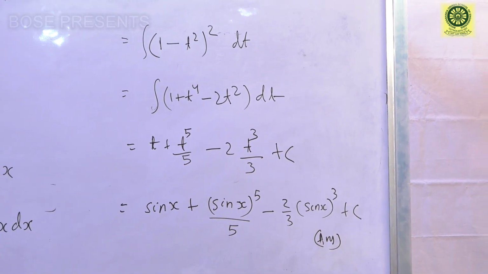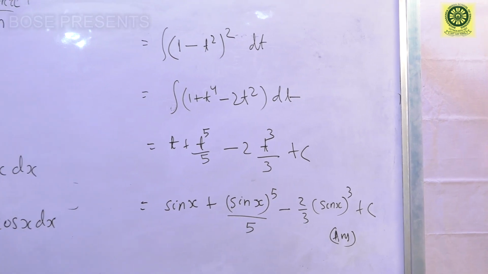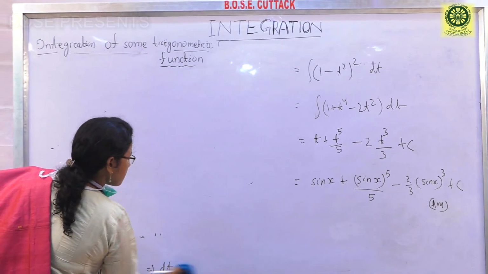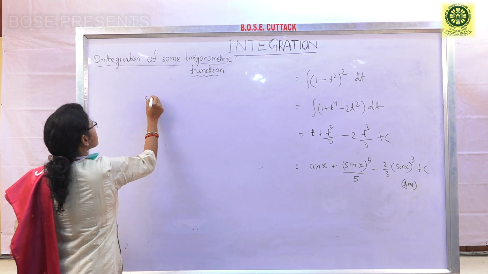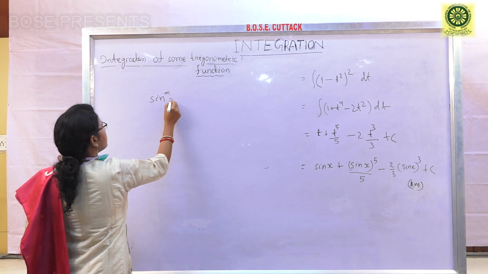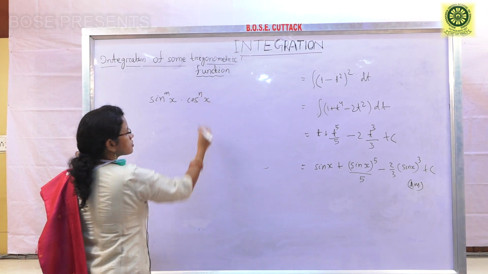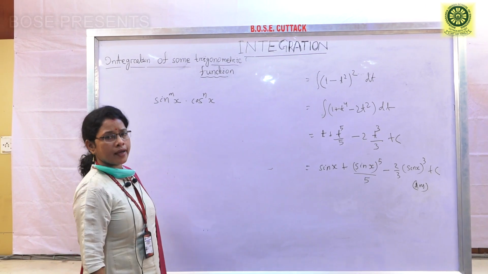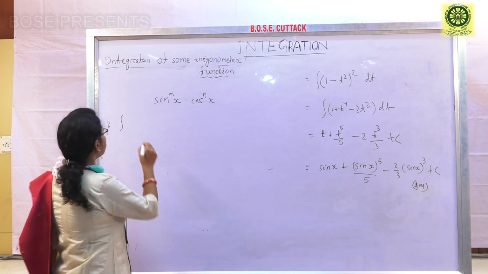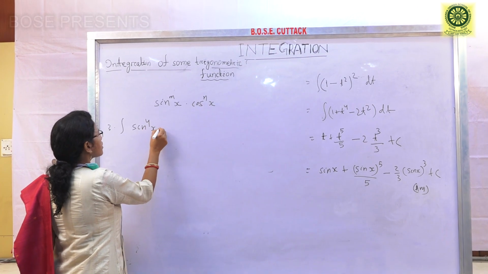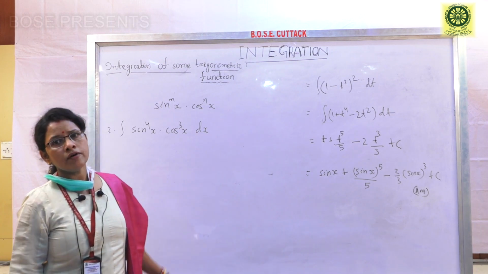Now come to the next problem. If your integrand is of the form sin to the power mx into cos to the power nx, in particular, for example, the integral of sin to the power 4x into cos cube x with respect to x, then how will you solve it?